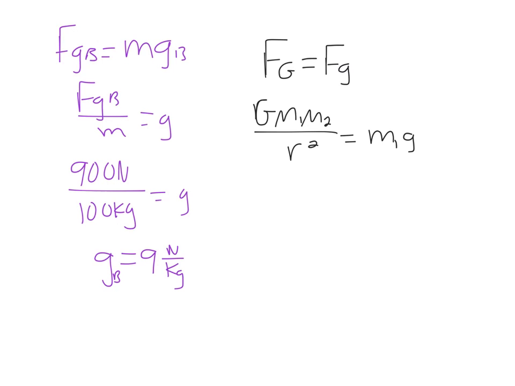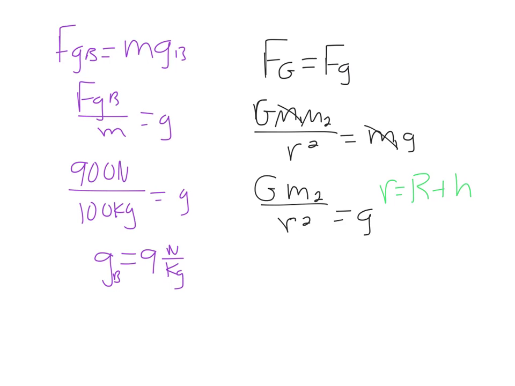It doesn't matter if it's 1 or 2, but on both sides of the equation the mass of the person is canceling out. So G m2 over r squared equals little g. Remember, r is the distance between the two objects center to center, and r includes the height. So r will be equal to the radius of the Earth plus the height. I'm going to keep it as r for now, just to make the solving a little bit easier.